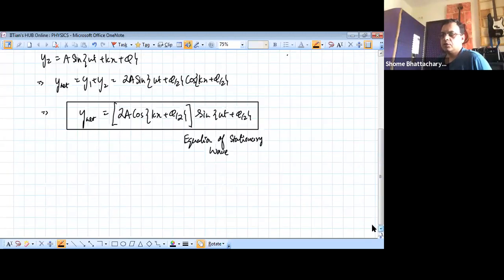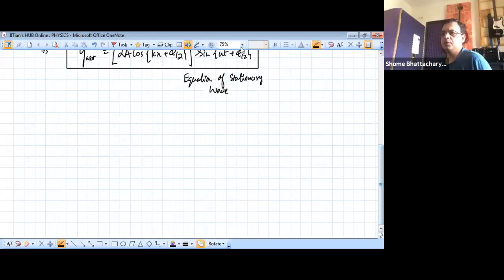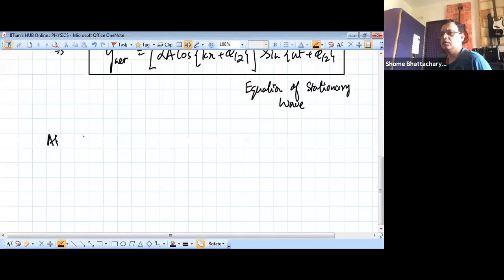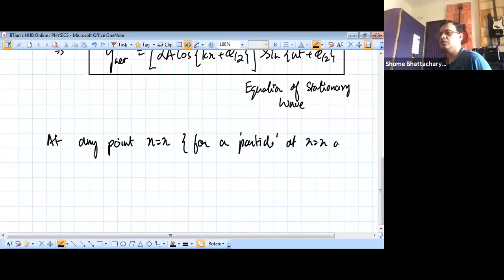Yeah, so now coming to this, we had already seen the property that at any point x equal to x, or for a particle at x equal to x on the string, the amplitude of oscillation was mod of 2a cos(kx + φ/2).